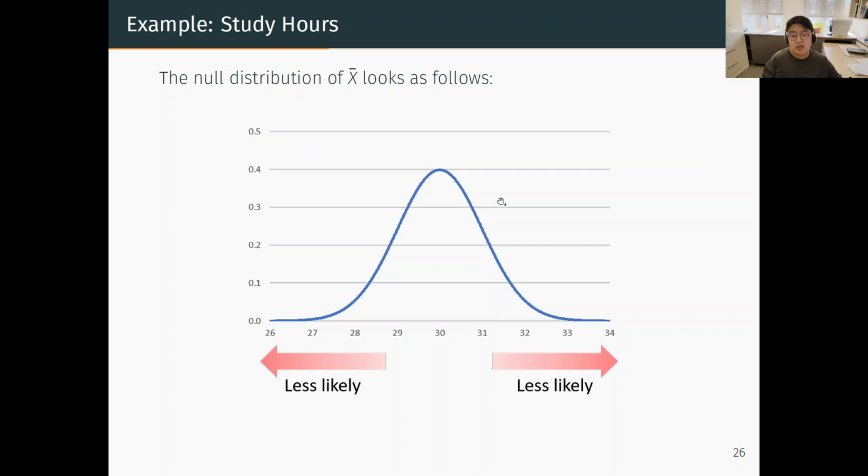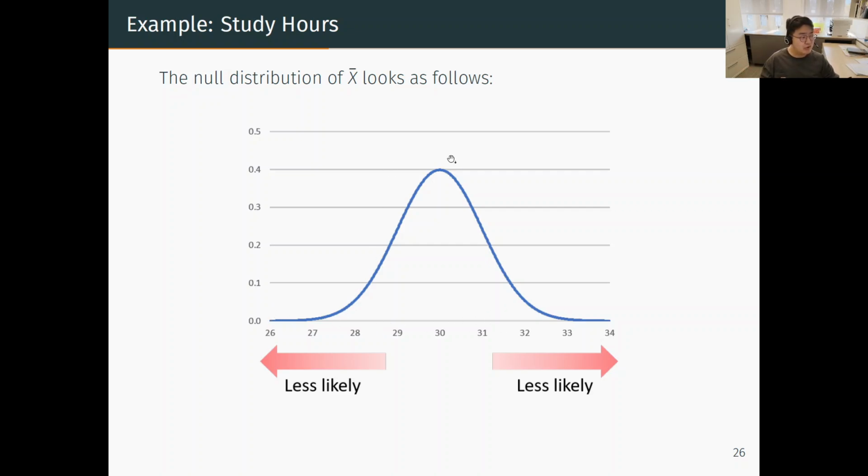Graphically, this is what it would look like if my belief was true. Okay, so then this is the null distribution of the test statistic under my null hypothesis.